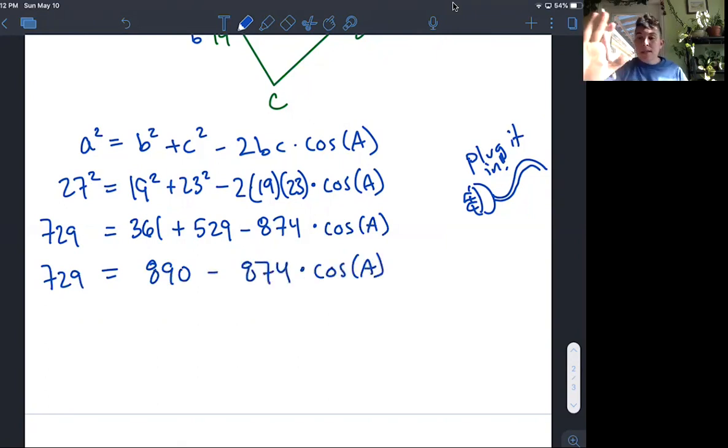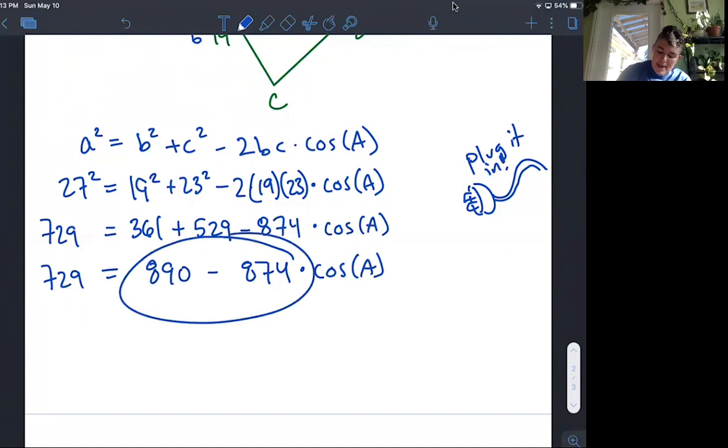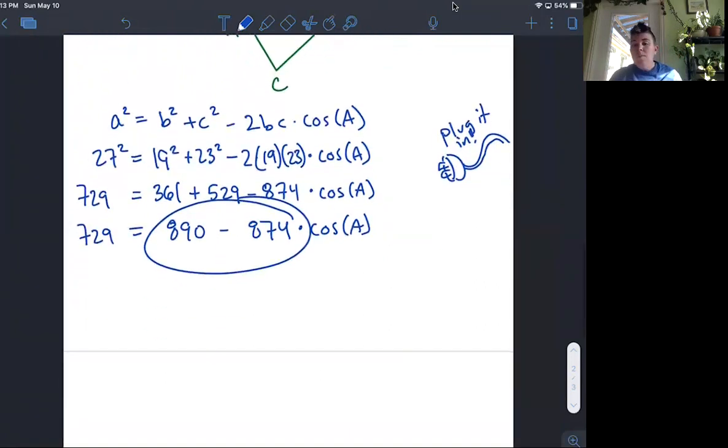Okay, now stop. Hammer time. I'm going to make a quick comment because in a few tests ago, it became very apparent that many of you struggle a little bit with your algebra skills. I know there are those among you who are going to say to yourself, let me just do 890 minus 874. That's 16, that makes this a whole lot easier. Please don't do that.